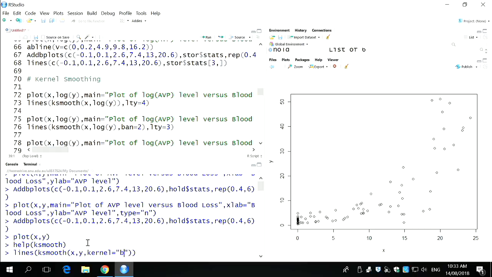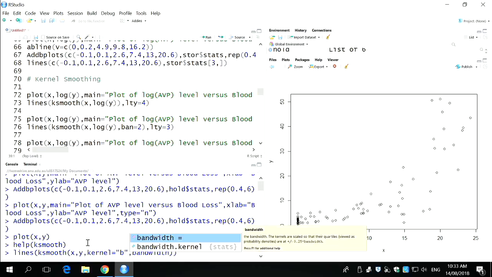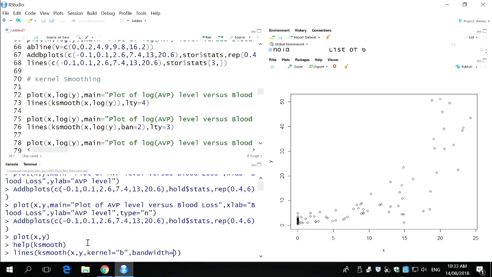So let's go box, B. You can use the first letter, you don't need to type the whole thing. Kernel equals B. Bandwidth, which is what it calls width. Bandwidth equals. Now, I'm going to choose a small number for bandwidth at the moment. Bandwidth equals 1. Okay. And then LTY equals 1. So I'm going to add just a black line.